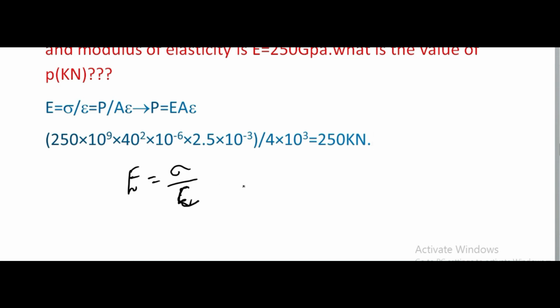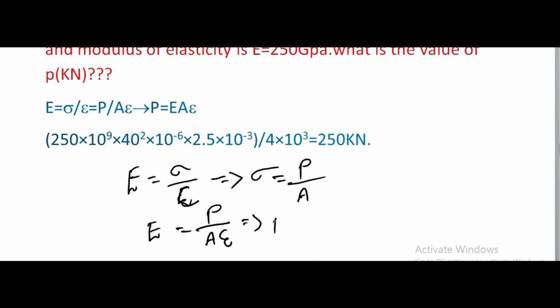that is a strain, and we know that a stress is equal to load by area. Okay, so put the value in Young's modulus, that is load by area into a strain. We have to find load. What is load? So it becomes Young's modulus into area into a strain.